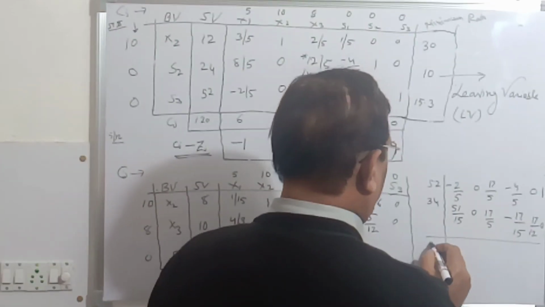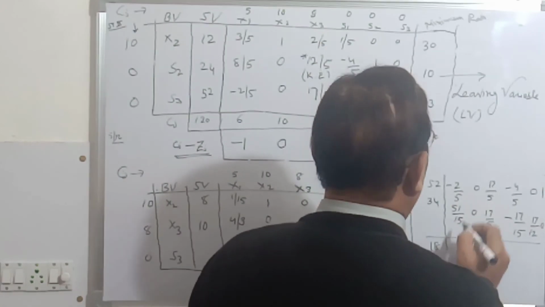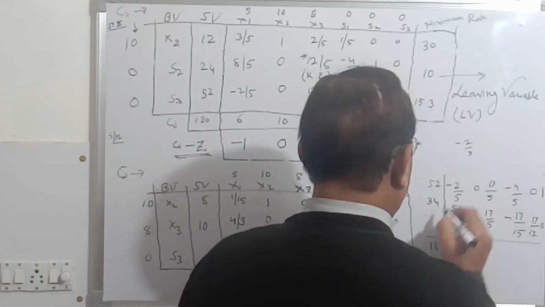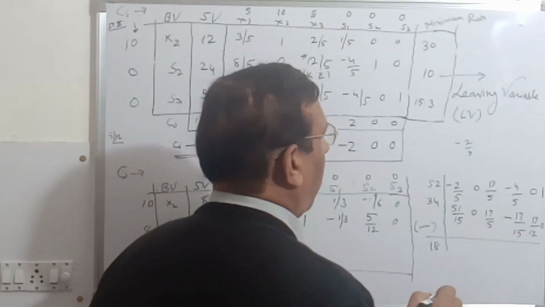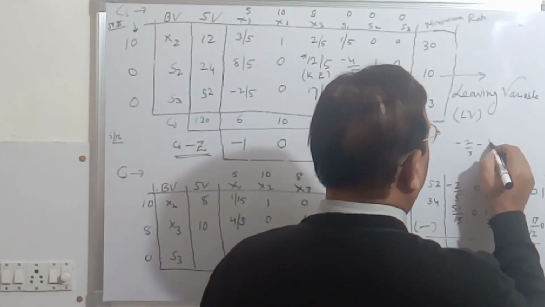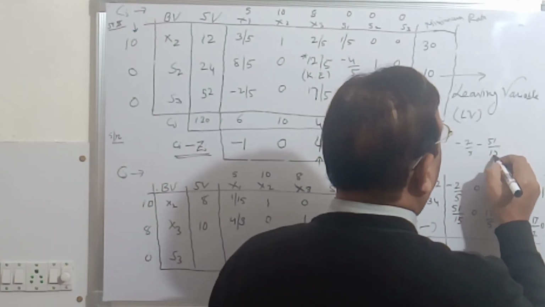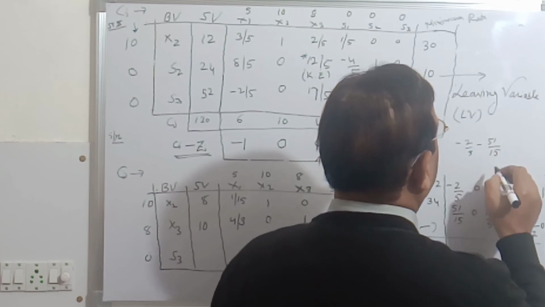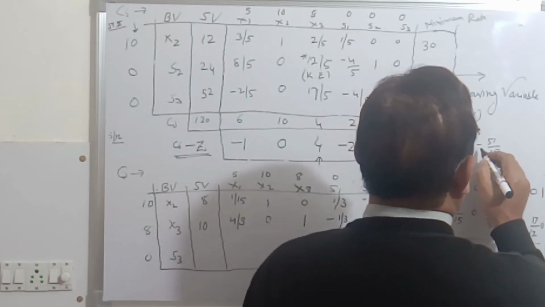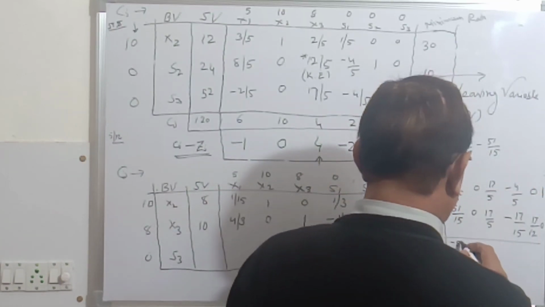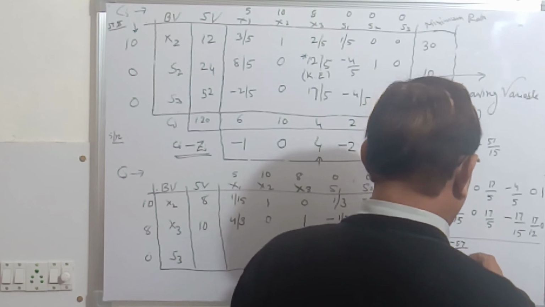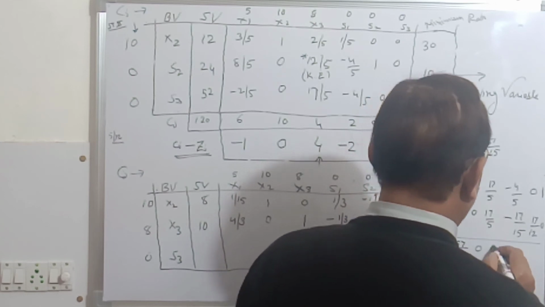52 minus 34, 18. Minus 2 by 5, this is to be subtracted: minus 2 by 5 minus 51 by 15, minus 6, minus 57 by 15. This is 0, this is 0.